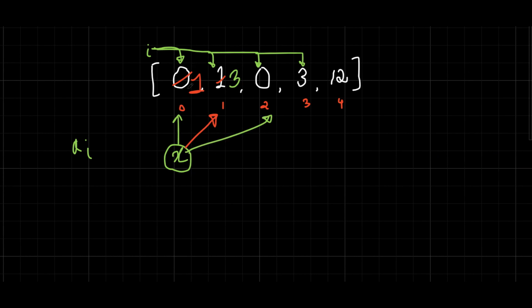We have taken the first element as 1, the second element as 3. Now our i is pointing to the last index, which is 12. Currently our x is pointing to this index. So here we have to put 12 into this index, because 12 is obviously greater than 0. So now for the third index, we have taken the value 12.